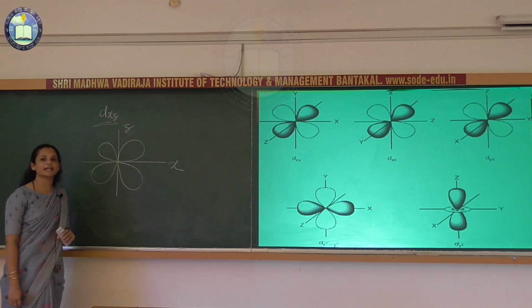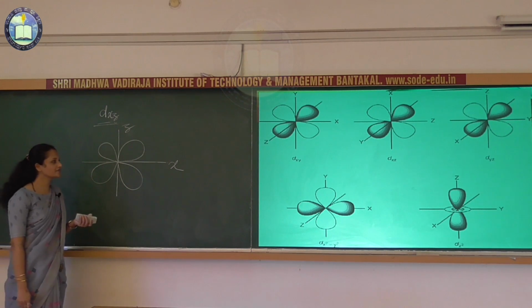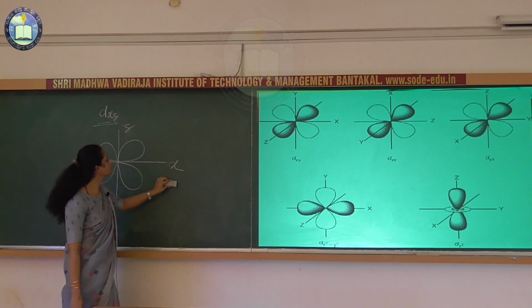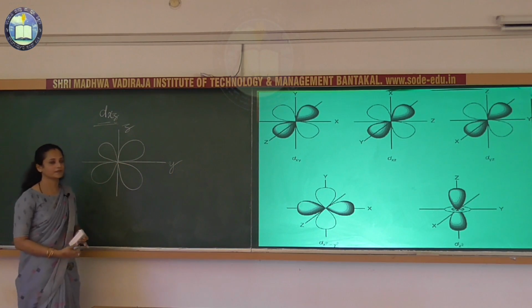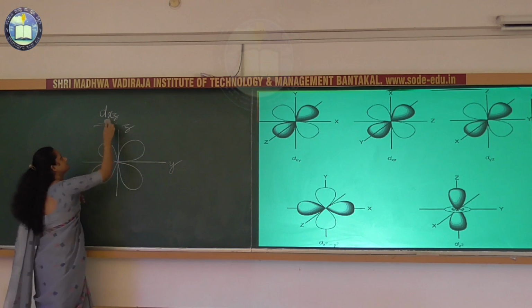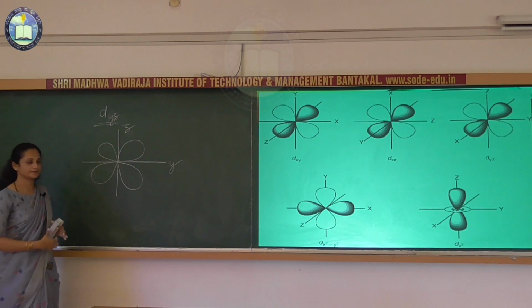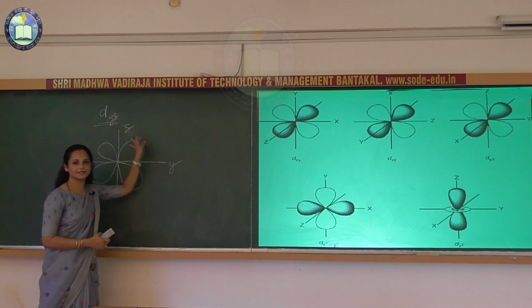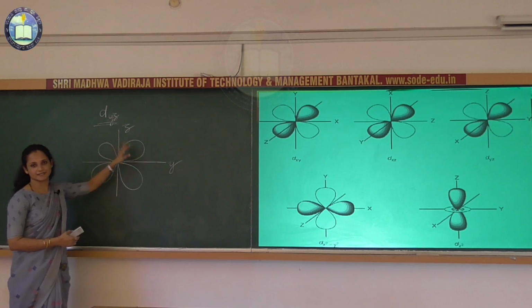Then dyz. dyz means just change the axis. Z is there, y. dyz: draw the two axes y and z, then show the lobes between the y and z axis.